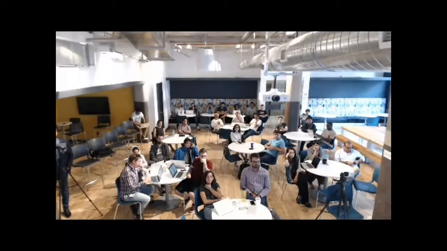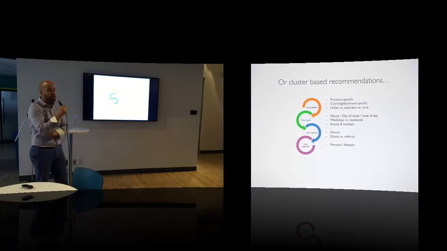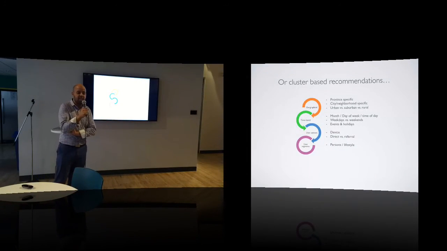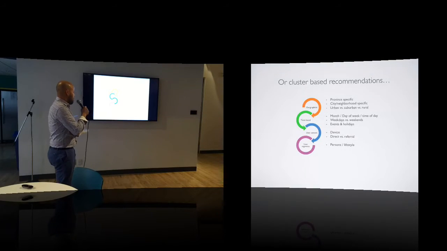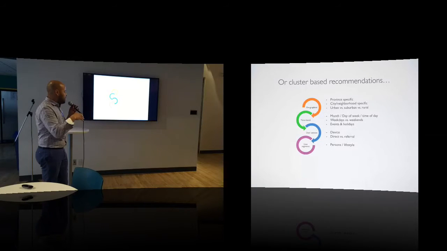There is also the cluster-based or user grouping, not necessarily going to a personal one-to-one. With geolocation, you can recommend things by type of location, urban or suburban; it's not the same content that is being consumed. For example, if there's a holiday in a city or in a province, you can recommend based on that. There's the context also.